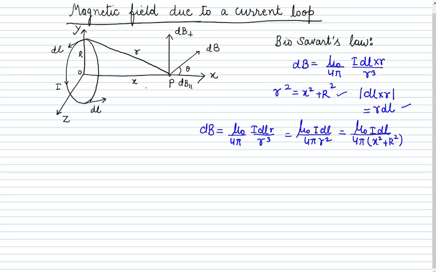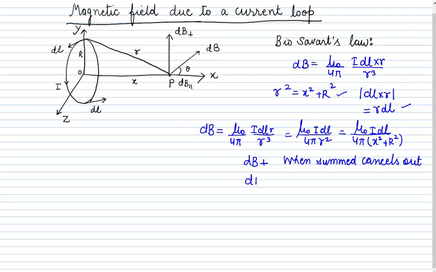Similarly, if you take this dl, then dB will be in the downward direction. So all the perpendicular components, when summed, cancel out. So we will have only the parallel component, and this parallel component is along the x direction.